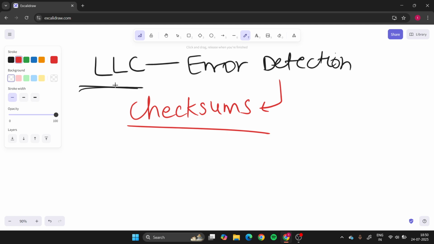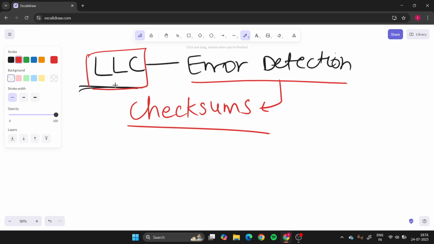There is something known as a cyclic redundancy check, a mathematical algorithm, and the frame check sequence. There is a lot, but we won't be diving into that as it is of lesser importance. All you need to know is that there is a step called error detection, and it is done by LLC, which enforces these checksums to detect and correct errors which occur during data transmission.